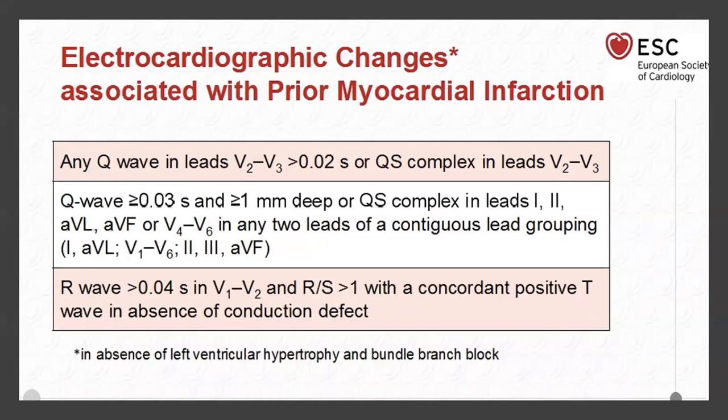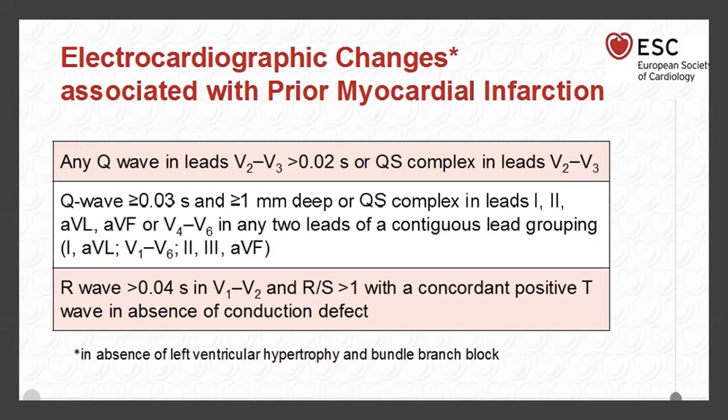In terms of still going through the prior myocardial infarction evidence on the ECG, you can have any Q waves in the leads V2, V3 that are more than 0.02 seconds, or a QS complex in V2 and V3. So your Q waves that are more than 0.03 seconds and more than 1 millimeter deep, or a QS complex in lead 1, AVL, AVF, V4 to V6 in any 2 leads of a contiguous lead grouping.